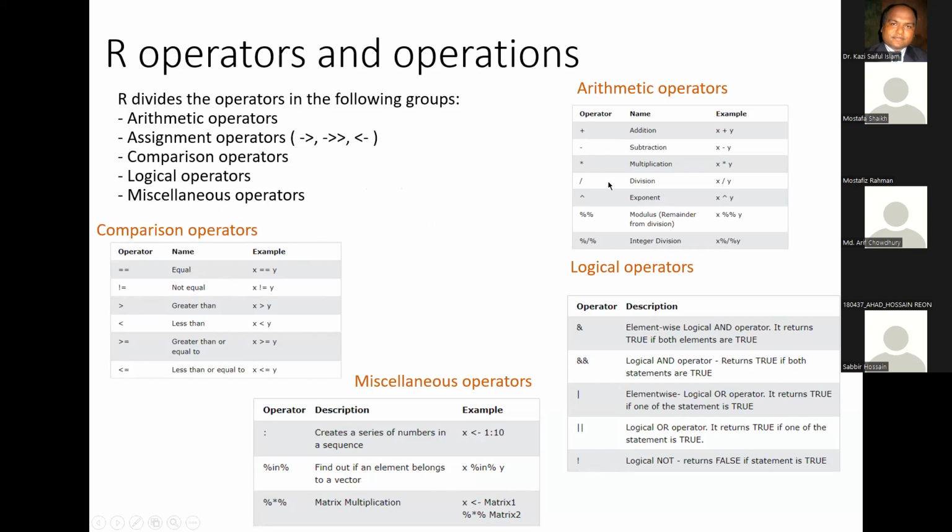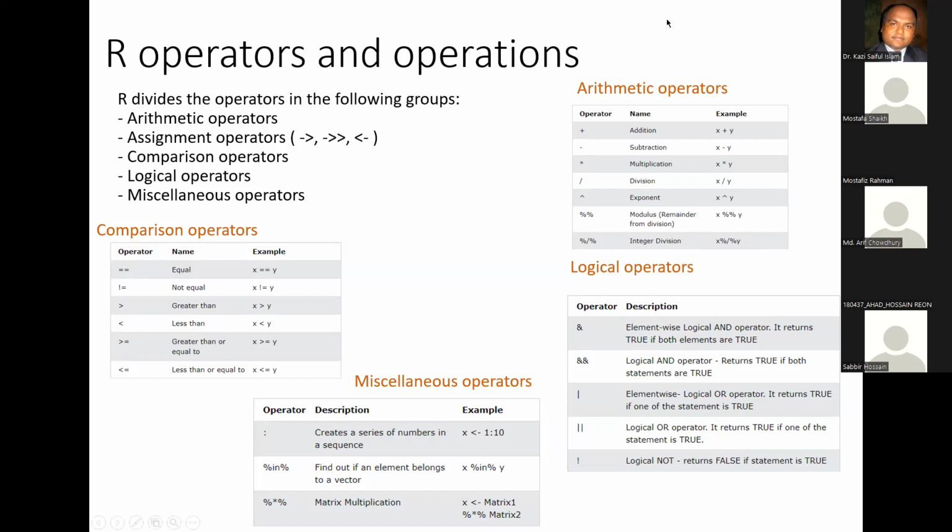Look at the mathematical operations. If I have variables x and y, we can do addition, subtraction, multiplication, division, exponentiation, and modulus, the remainder. And then we can do integer division. If you want to divide integers and get the result as an integer, because division always gives you a fraction.